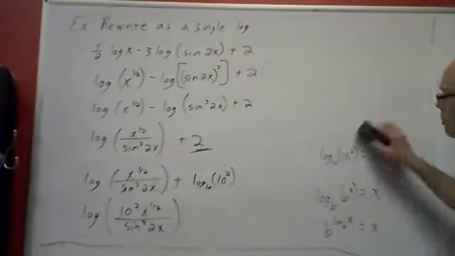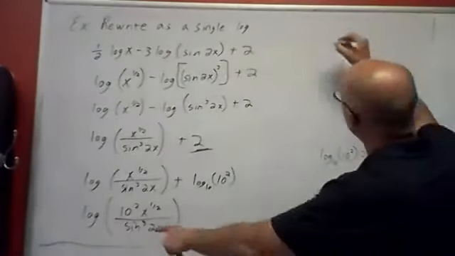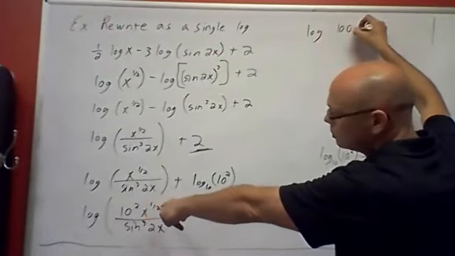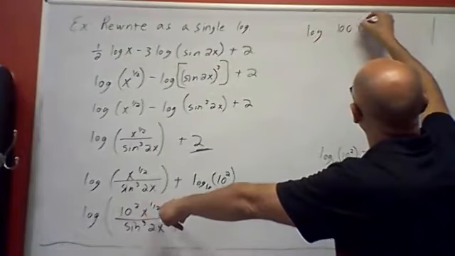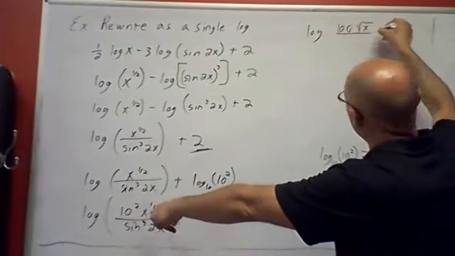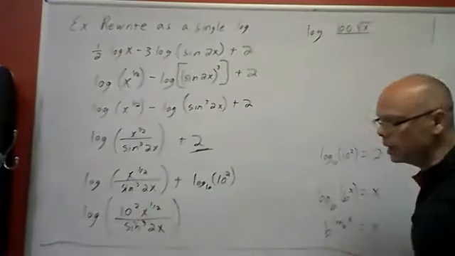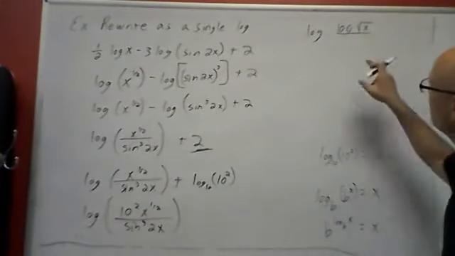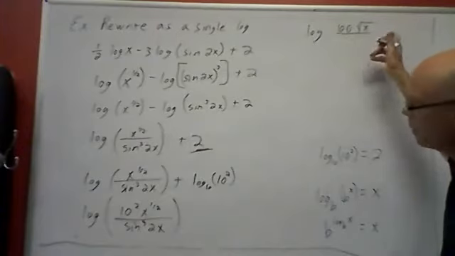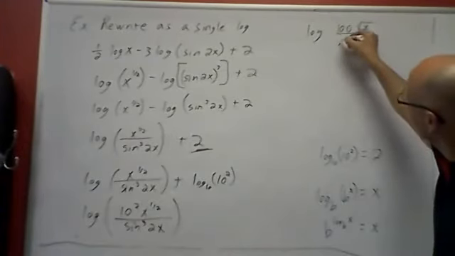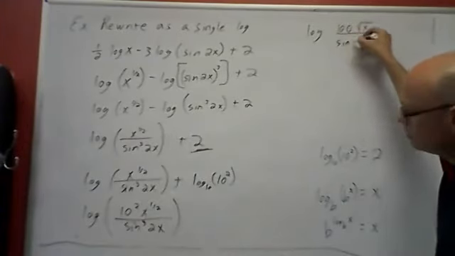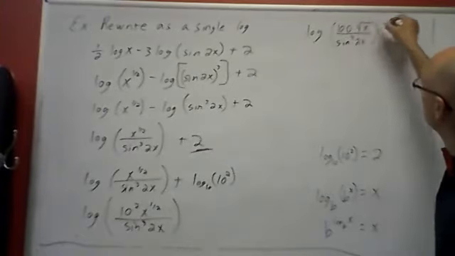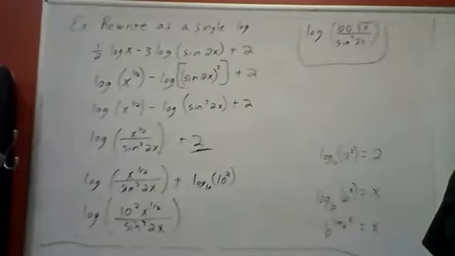All right, maybe I'll do a rewrite up here and I'll say, okay, that's a log. 10 squared is just 100. X to the 1/2 can be written as the square root of X. It's fine if you leave it as X to the 1/2, but I like this way better. It's not really simplifying. And then I'm going to write the sine of 2x cubed. There's my single logarithm.